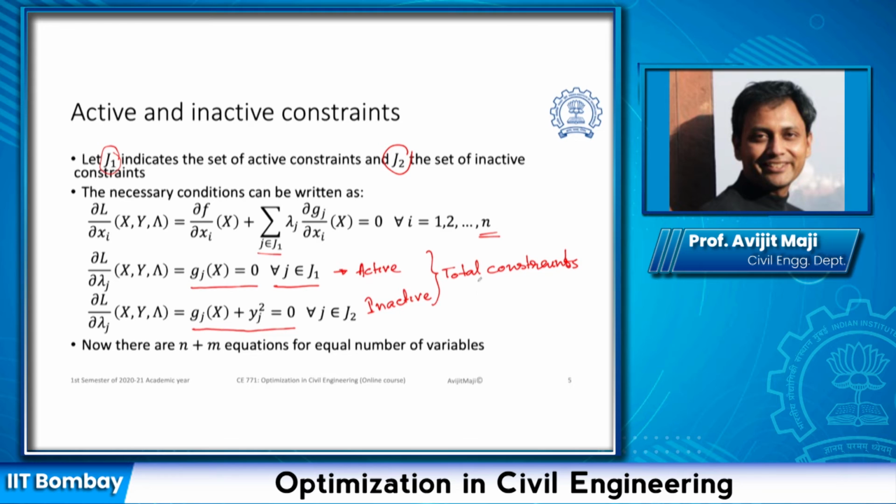It indicates that the total number of constraints is m.